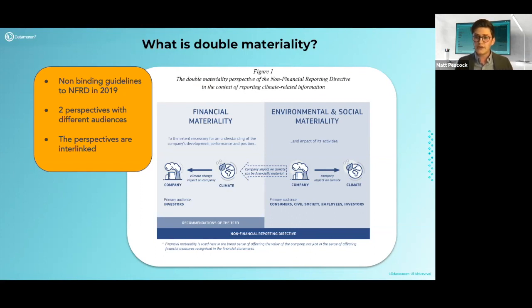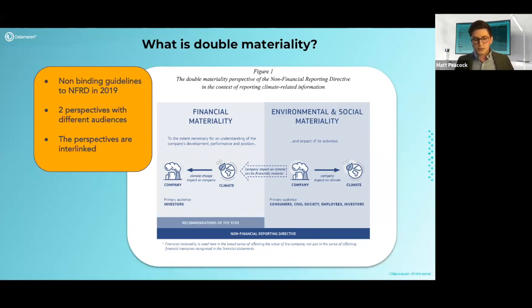Financial materiality is more that traditional SASB approach to materiality, with the primary audience being investors, obviously interested in the impact on financial value of the company. And environmental and social materiality is more of a traditional GRI perspective of materiality, which is looking at a broader range of stakeholders: consumers, NGOs, employees, and also investors as well.